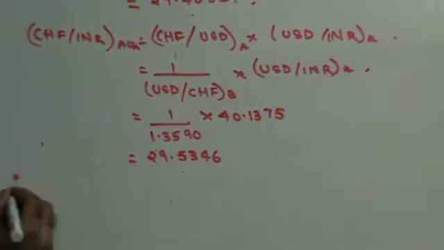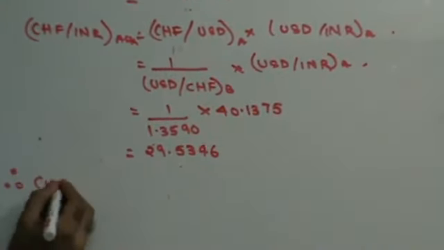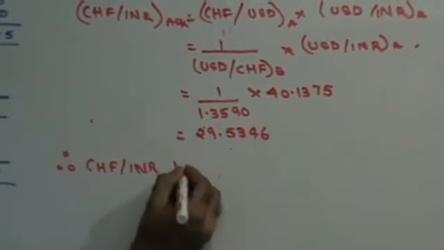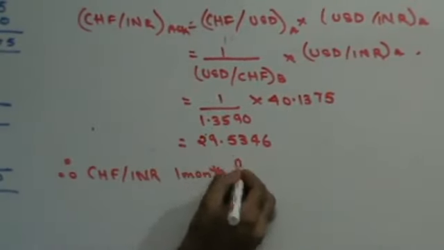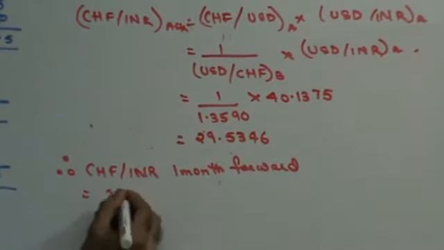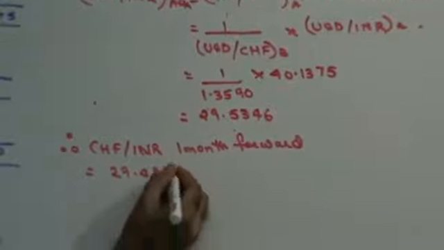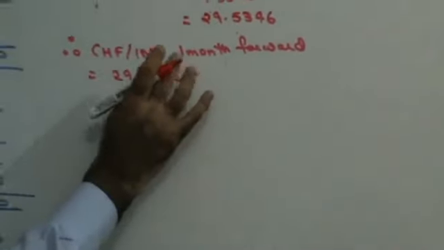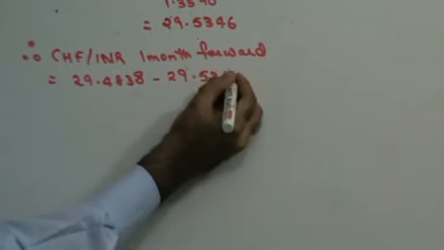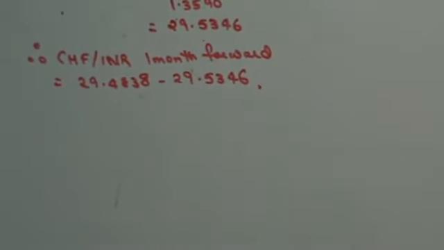Therefore, CHF INR 1 month forward is going to be 29.4838, 29.5346. That's how I got 1 month forward.